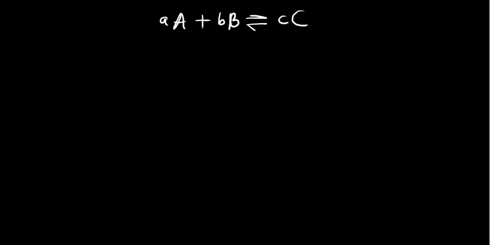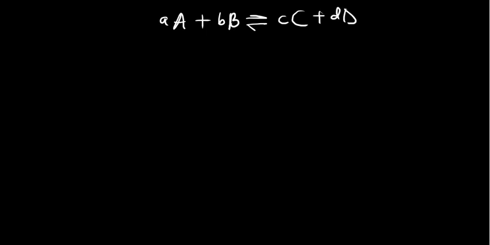Whenever you have a question like this, if you have a compound like this, aA plus bB, and you have forward and backward reaction, and you have cC plus dD.